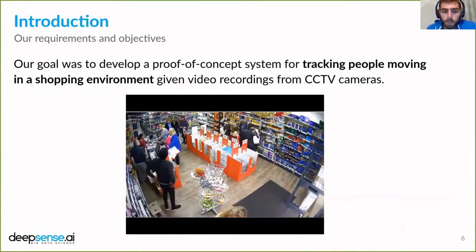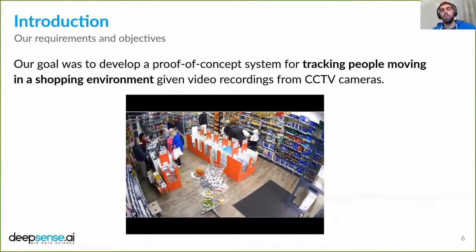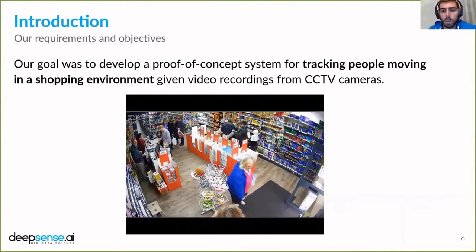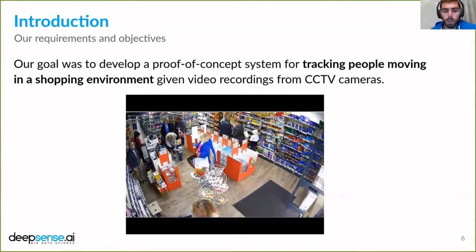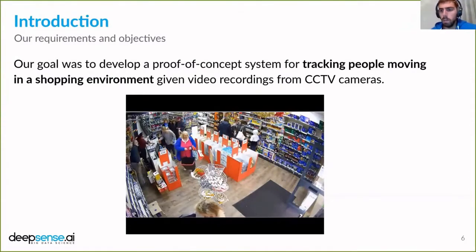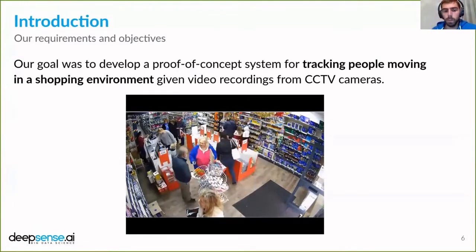These people are moving around the shop. They are looking at the objects on the shelves. Some of them are waiting in the queue, while others are shop workers like cashiers. This example here is quite a crowded shop, a small one but full of people who we would like to be able to follow in their movements.